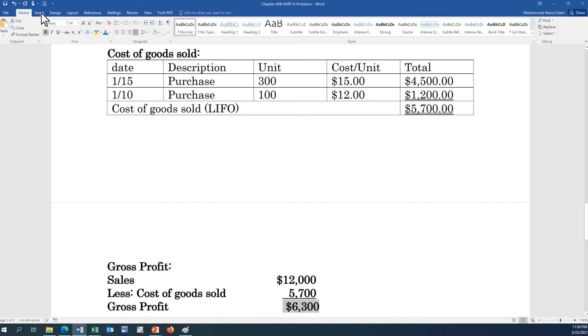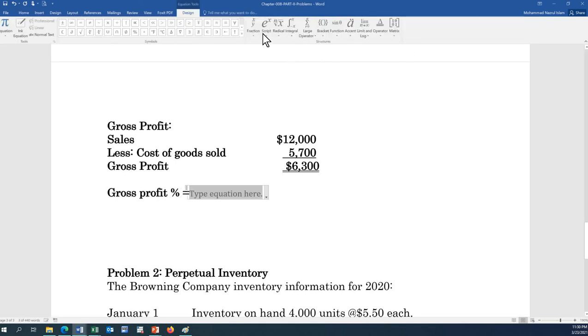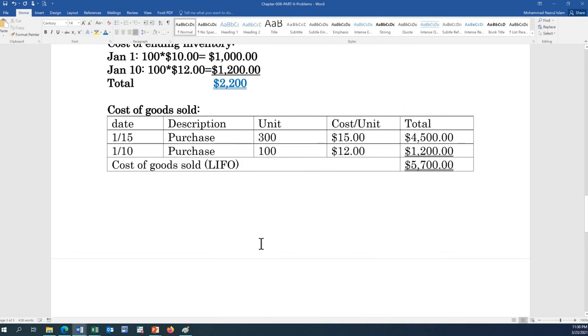So 6,300 is the gross profit. And what is the gross profit percentage? It would be equal to 6,300 divided by 12,000, so it's going to be 52.5%.